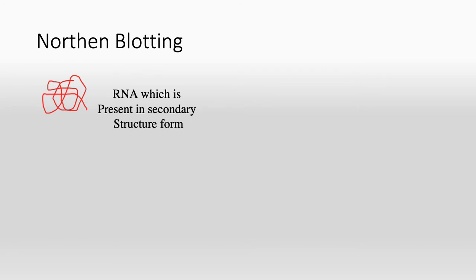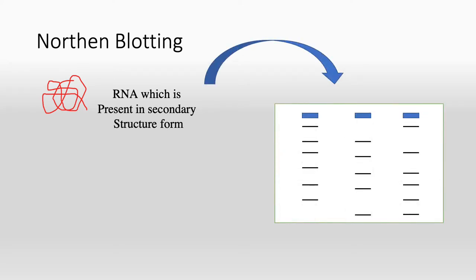First we do RNA extraction and we load this RNA onto the agarose gel. Let's say this is the agarose gel that we are talking about. This agarose gel is slightly different from the agarose gel that we use in southern blotting. The agarose gel that we use in northern blotting contains formaldehyde.